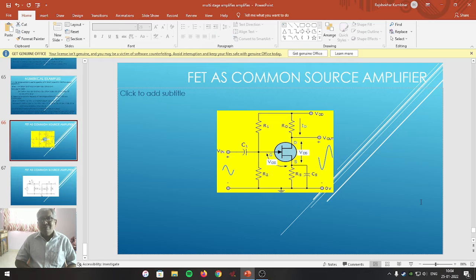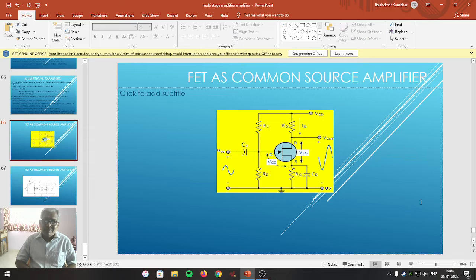Such a FET, used as common source for input and output to act as an amplifier, is biased properly, using any suitable biasing method. Its operating point is managed in a proper region so that it acts as an amplifier.